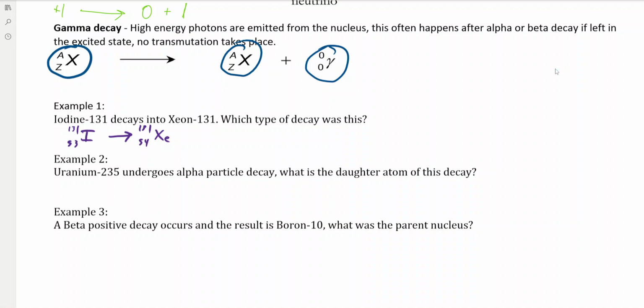So that means we've gained a proton, which means to balance it out, we must be shooting off an electron or a beta negative. Either way you want to say it is fine. But we're shooting off an electron, and if it's an electron we're shooting off, then it's also an antineutrino. So this is called beta negative decay.